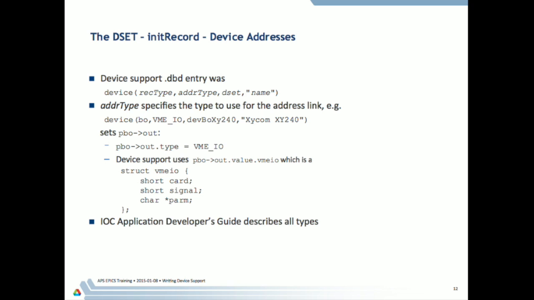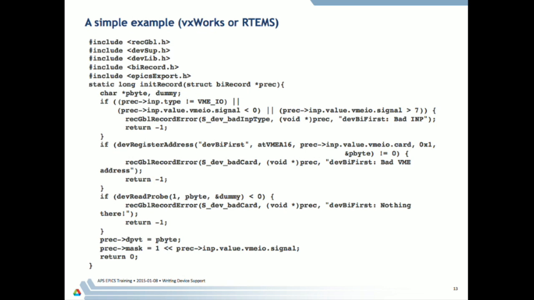As I said, in most cases, VME_IO or instrument I/O are the main ones that get used. And the instrument I/O is basically completely generic. The IOC doesn't know anything about the contents of the address, and it leaves all the parsing up to the device support. So the device support will be looking at that inside its init record routine. A simple example, two-page example of a device support.